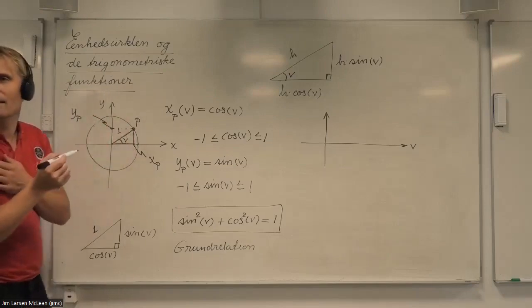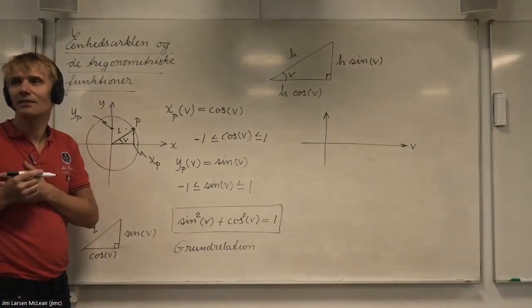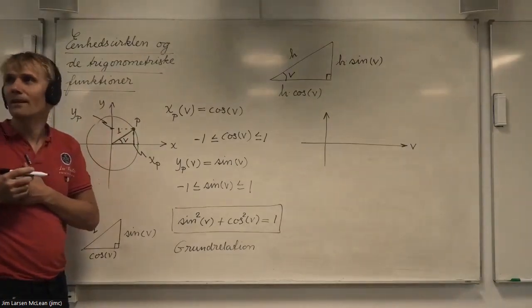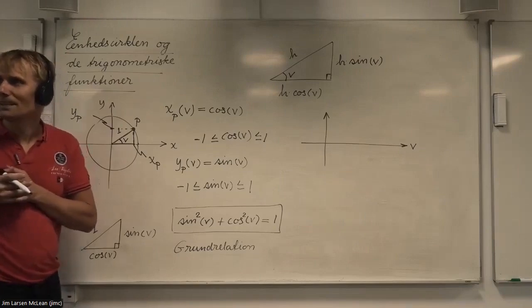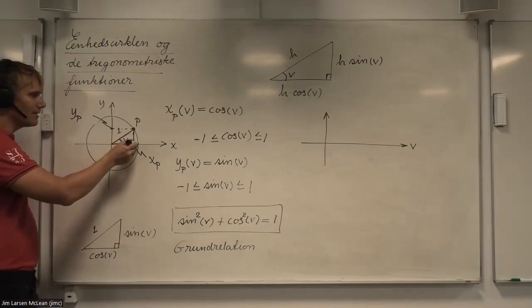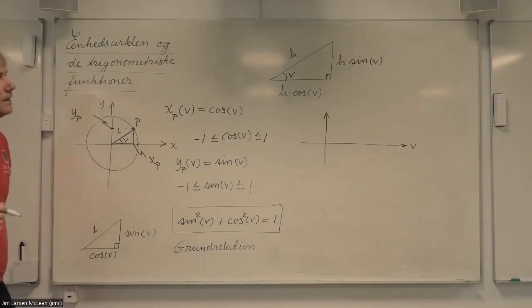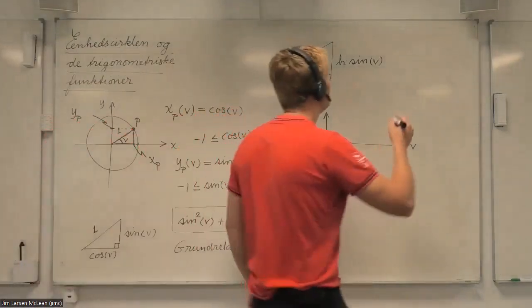I don't know if you've thought about how annoying the number 360 is, but it is quite an annoying number. I mean, 100 would have been nicer. But for historical reasons, it's been decided that there are 360 angle steps around a circle, and these are called degree steps. And now we need to come up with something a bit smarter.